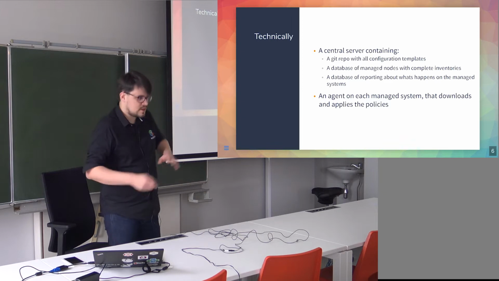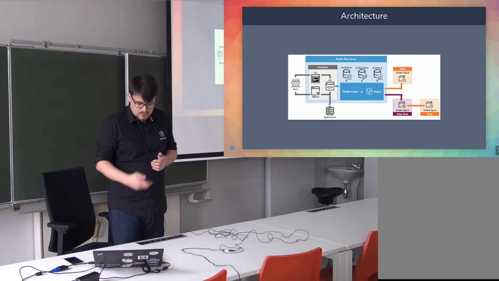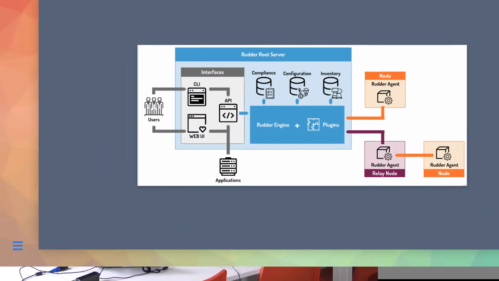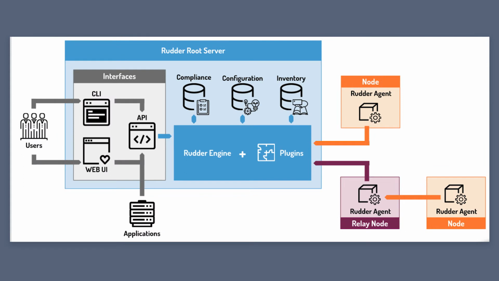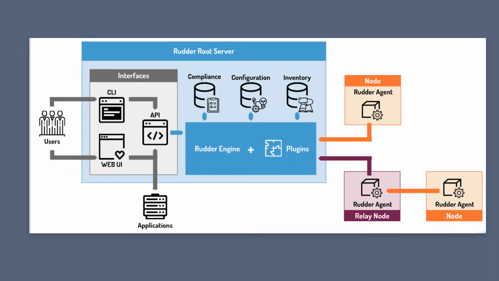So that's the main architecture. Here you have the central server that has all these data stores and that can compute the policy we need to apply to the different nodes. And then the nodes will download the policies, apply them, and report about it to the users.